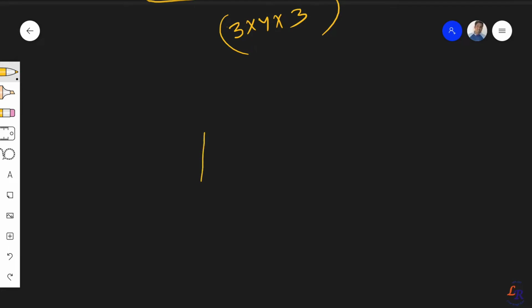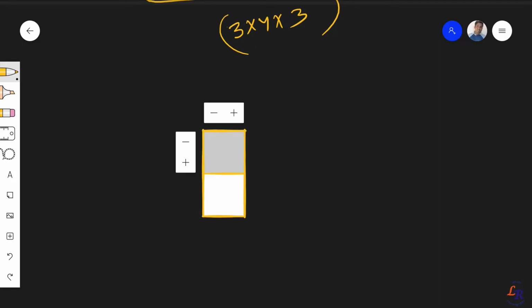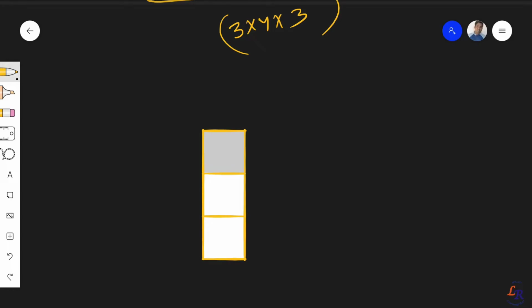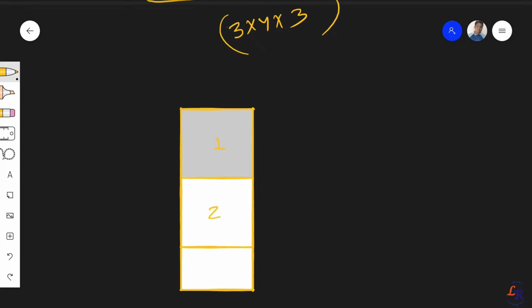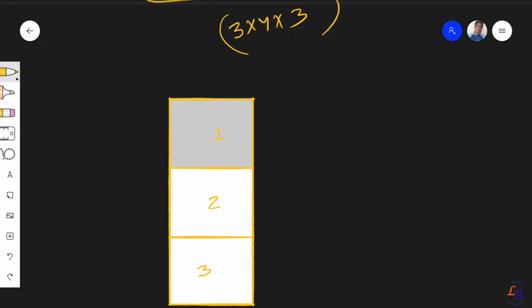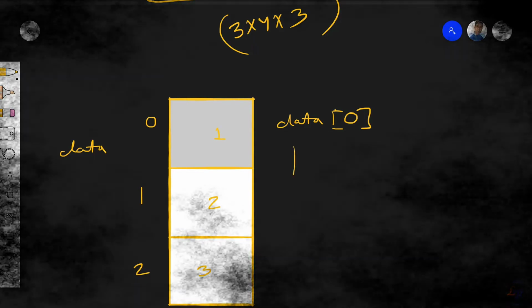Let's say you have a vector, which we have seen in this list format, and then you have these 3 elements in there, and this is 1, 2, and 3. Now the index you talk about, this is 0, this is 1, this is 2, and this is your data. Now when I am calling data 0, it is just keeping this value, and the rest is gone. So it will return just this value.